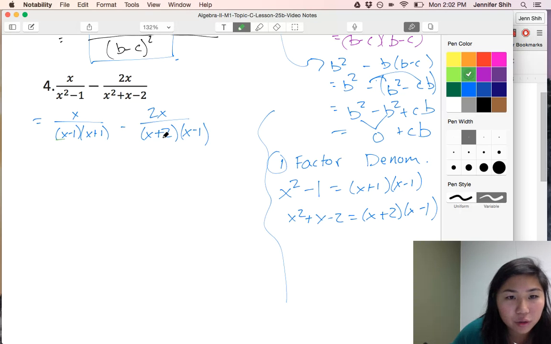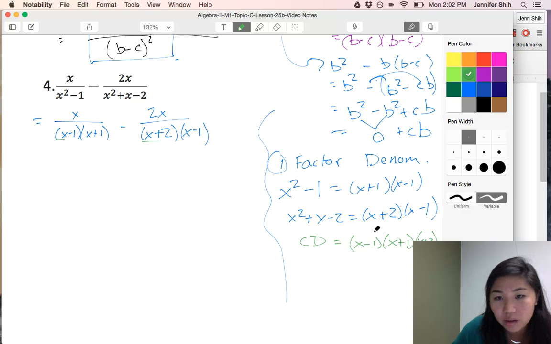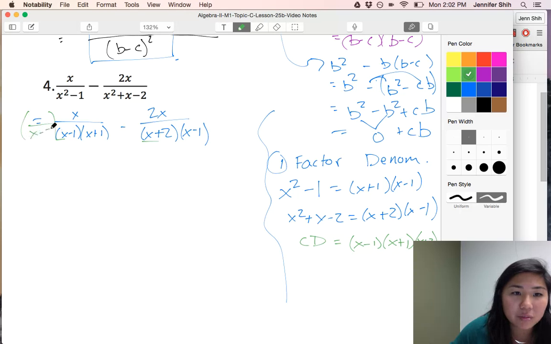That's good, we'll keep that. But this expression is missing x plus 2, and this expression is missing x plus 1. So my common denominator needs to be x minus 1, x plus 1, and x plus 2. I need to have all 3 of those factors in my denominator. So I'm going to multiply this expression by x plus 2, and I'm going to multiply this expression by x plus 1.